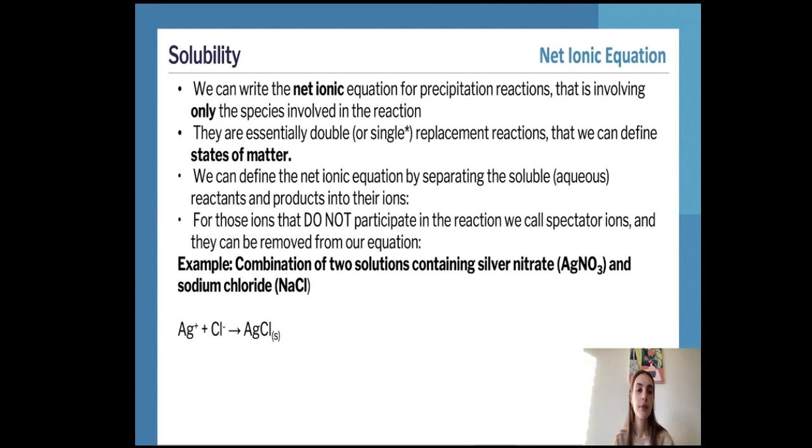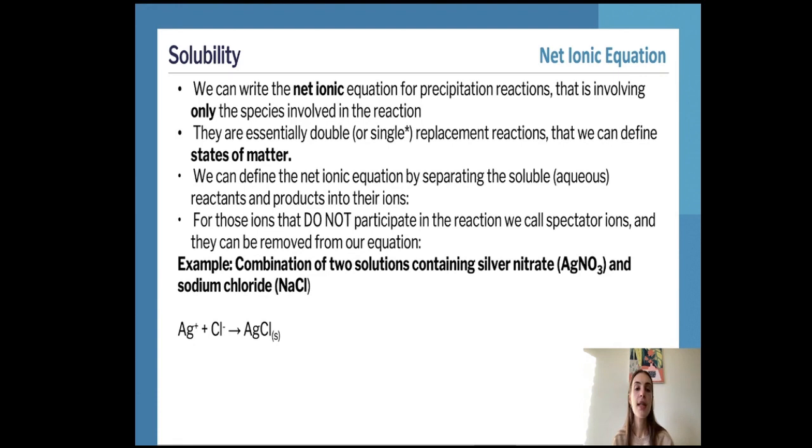We can define the net ionic equation by separating the soluble, so aqueous, reactants and products into their ions. Those ions which don't participate in the reaction, we call spectator ions, and they get removed from the reaction.